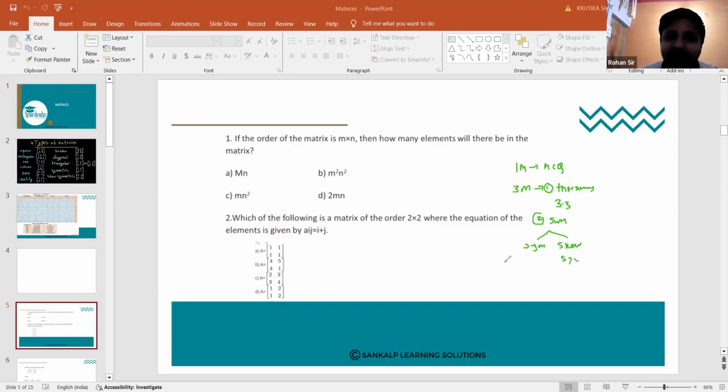And then the 5 mark question. Altogether 9 marks are there: 1 plus 3 is 4, 4 plus 5 is 9 marks. The question may come on these concepts. The main concept is the product of matrices. The question will occur on product of matrices.